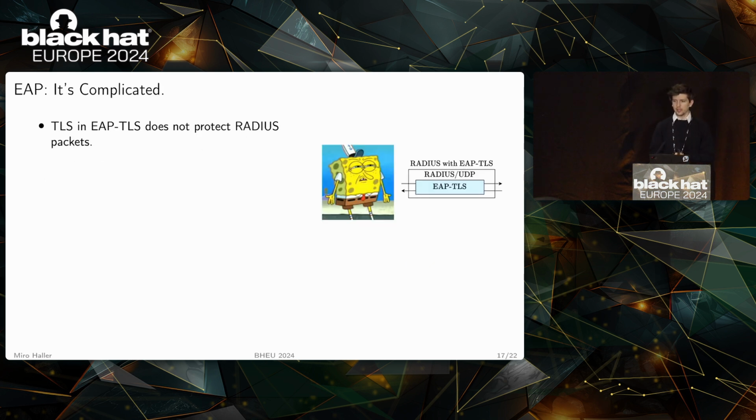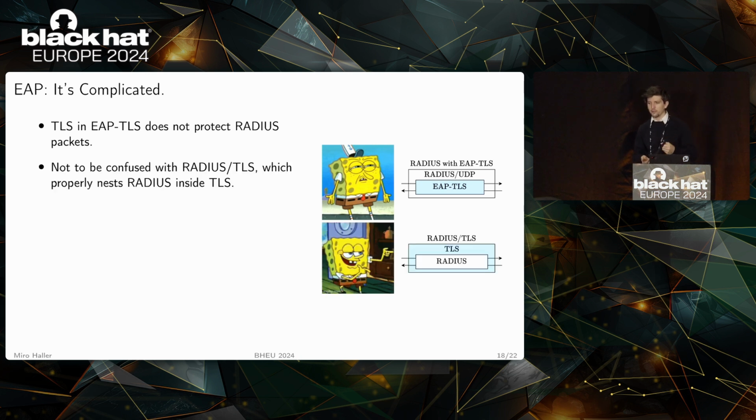So I promise you an extra slide on EAP. EAP is a bit complicated because the EAP TLS mode for Radius doesn't actually do what you would expect it to do. It doesn't protect the Radius packets. Instead, it's EAP TLS nested inside a Radius communication. And so this is not to be confused with Radius over TLS, which actually wraps the entire Radius communication inside the TLS channel.